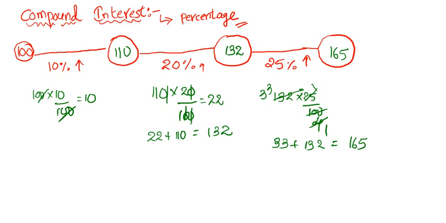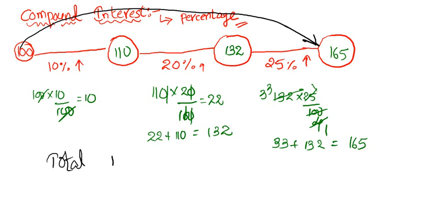Means if you observe here, from 100 to 165, what is the total increment? The total increment is 65%.